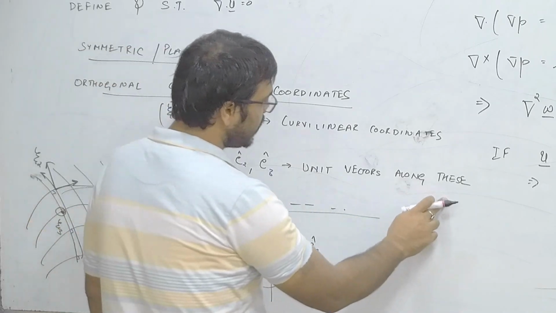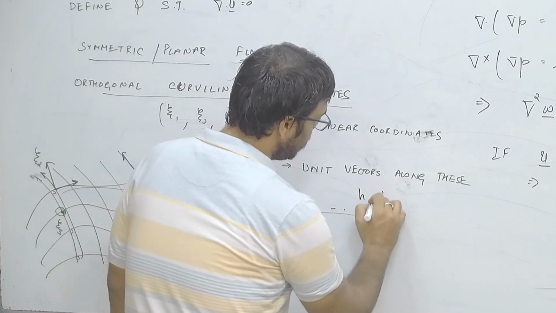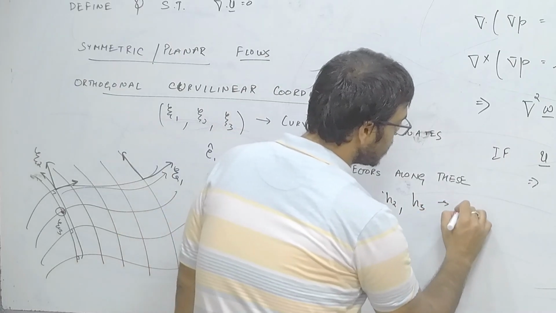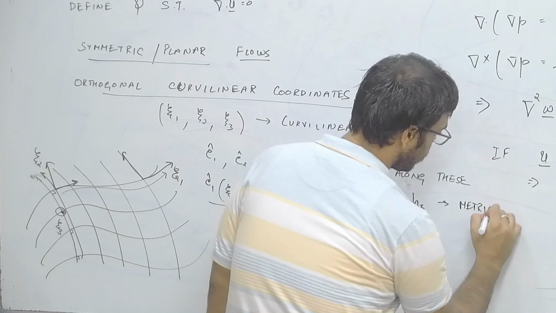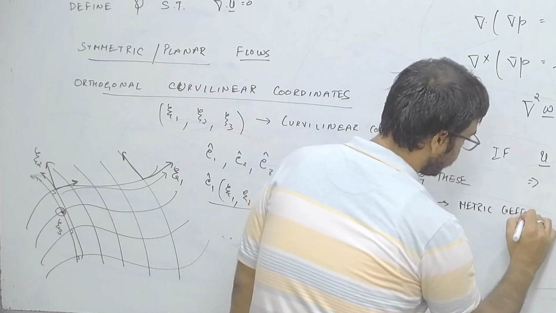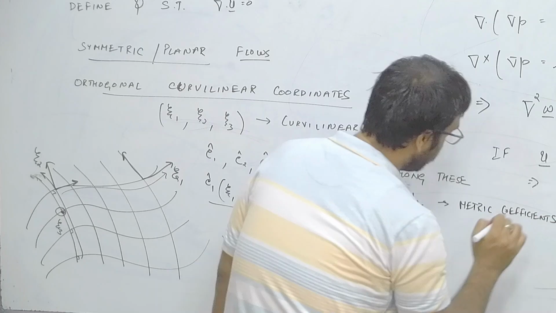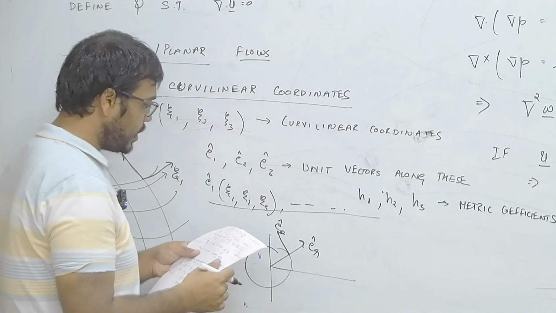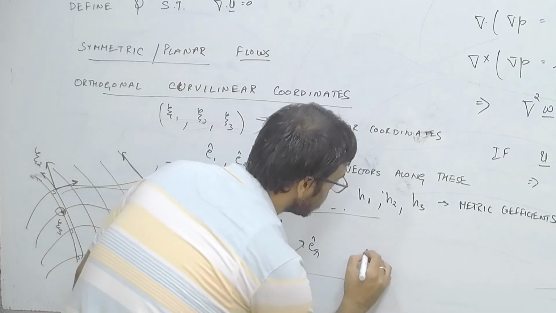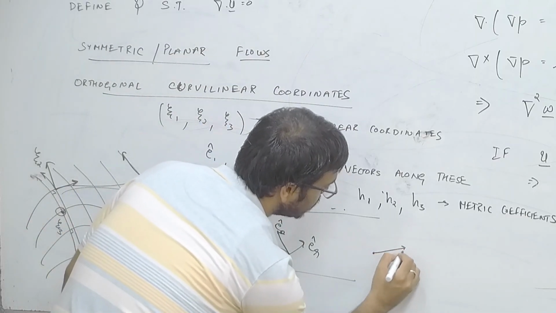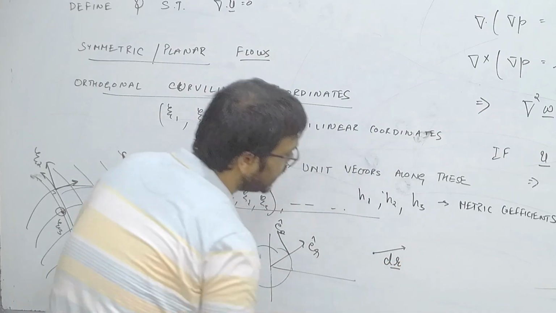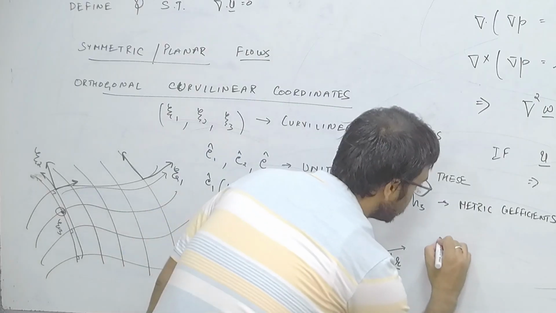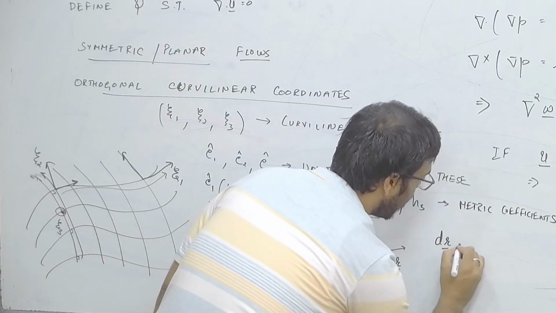Now, in these cases we have to define 3 more quantities which are usually denoted by H1, H2 and H3. These are called metric coefficients, and what they denote is this: let us say you take a small position vector dr in your 3D space.